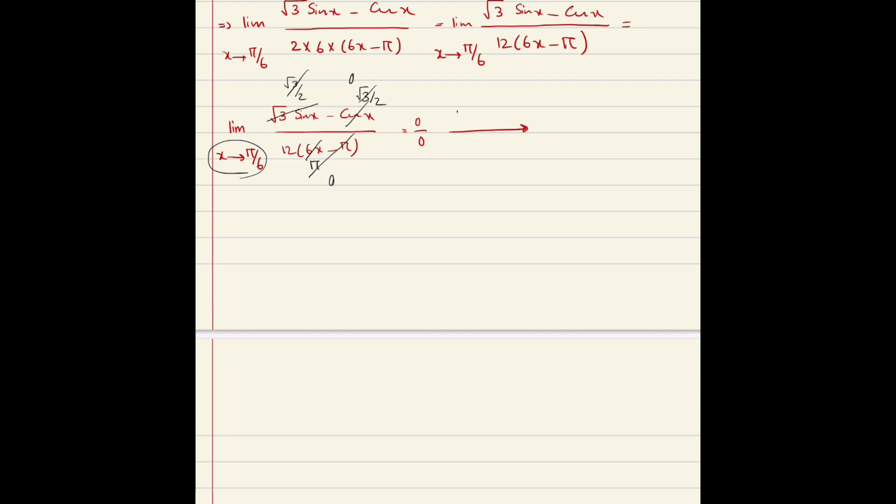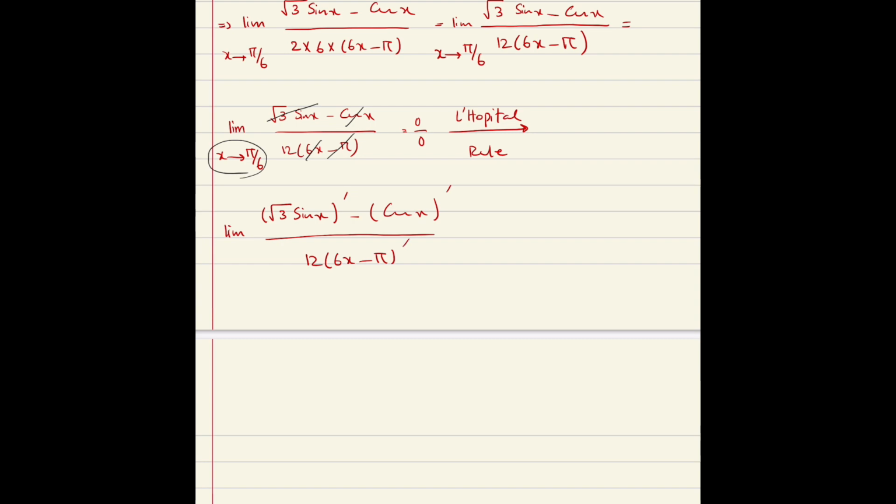So we basically need to apply L'Hopital's rule once more. So it would be limit of (root 3 sine x minus cosine x) prime, or root 3 sine x prime minus cosine x prime, over 12 times (6x minus pi) prime, x approaching pi over 6.